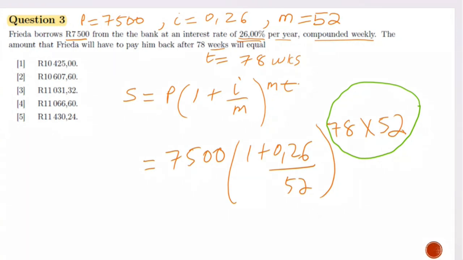I think no. Why? It's correct, but it's not correct. When you substitute on M multiplied by T, M is 52, while T is 78. So you must interchange them.